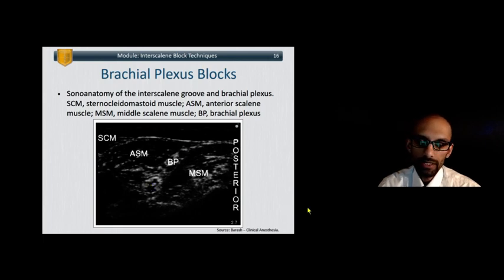So if you're not particularly adept at reading ultrasound images, definitely go over this. The NYSORA website, the New York School of Regional Anesthesia website, is an excellent resource to review regional anesthesia techniques. They have lots of ultrasound images as well, and they thoroughly explain these blocks. Definitely worth your investment of time to go through that.